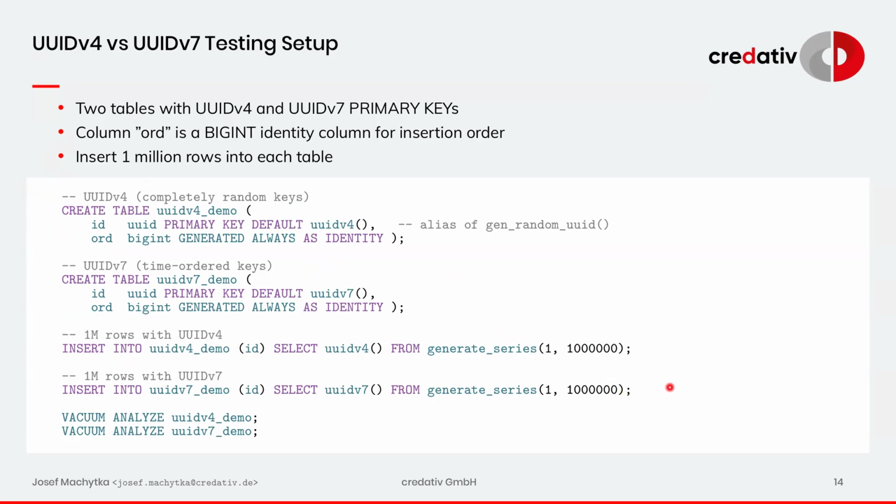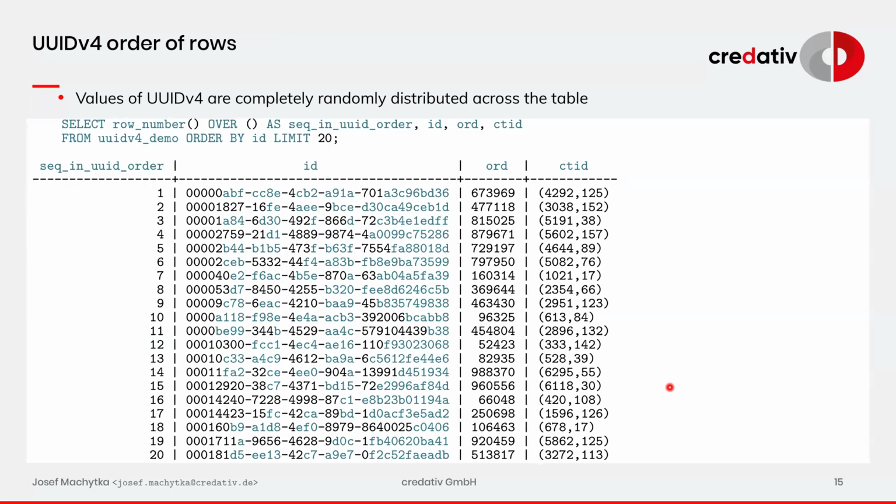I have performance tests with more records, but for the purposes of this analysis, this is good enough, and it's also reasonably quick, because as you will see later in slides about benchmarking, UUID version 4 is quite slow. But let's dive first into analysis. So now when we have 1 million records inserted, let's look at order of rows.